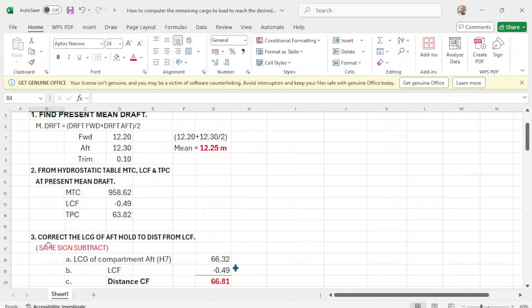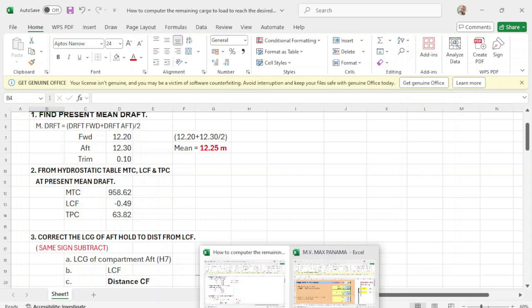Number 3 says correct the LCG of upholds to distance from LCF. So what is the meaning of the LCG of compartment 7 to the LCF? What is your LCF? LCF is negative 0.49, and what is the LCG of hold number 7? Which is this one.